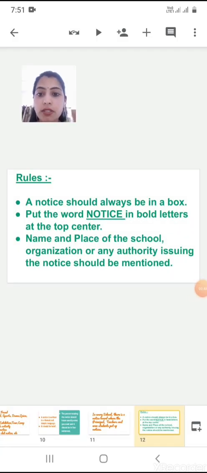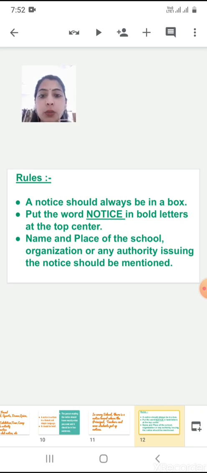The rules which we have to follow while making a notice. What are these rules? First one, a notice should always be in a box. Yes, you all know that we have to draw a box and then write a notice.